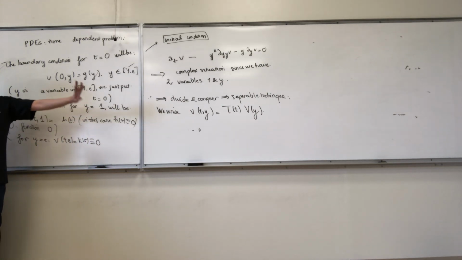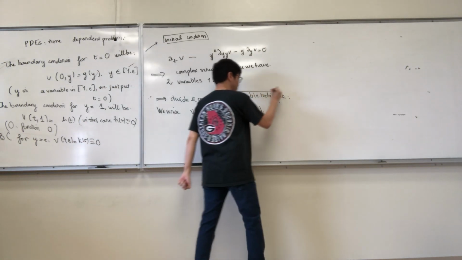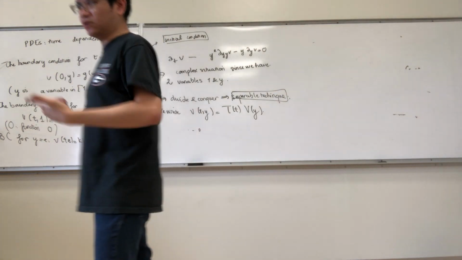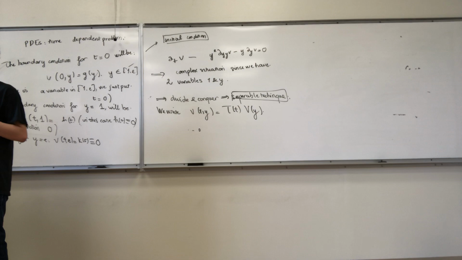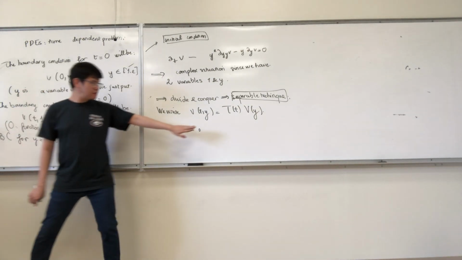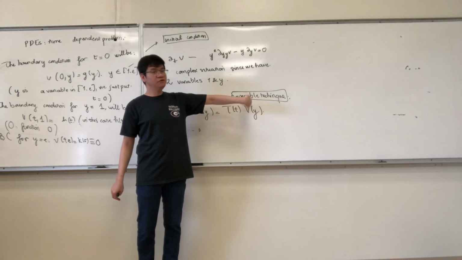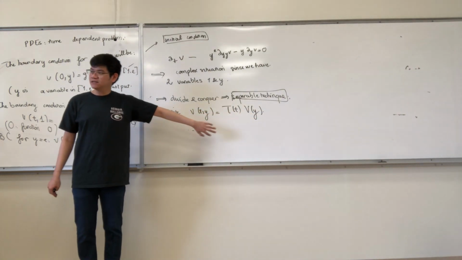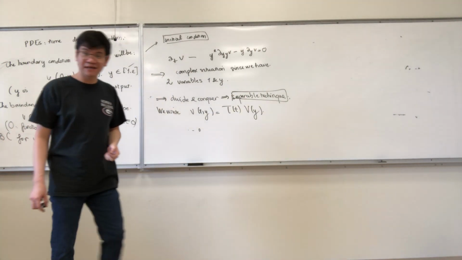So in first order differential equations, you use the so-called separable technique, in which you split v into T, a function of t, and V, a function of y. This is divide and conquer. This is going back to the separable equation that we mentioned in the previous lecture.